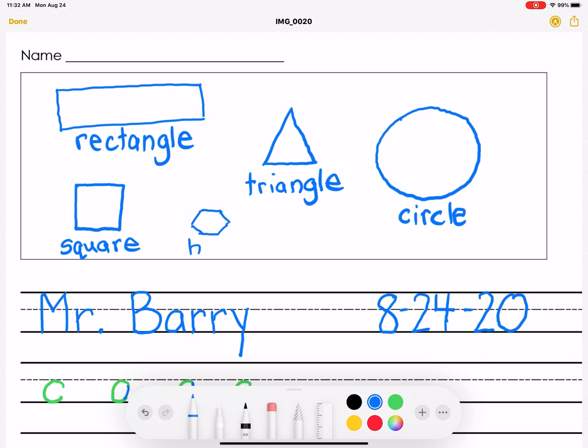The hexagon. And I'm just going to write a number with how many sides it has. 4 sides. 4 sides. 6 sides. 3 sides. And 0 sides. And those are your shapes. Practice them some more. And I will see you tomorrow.